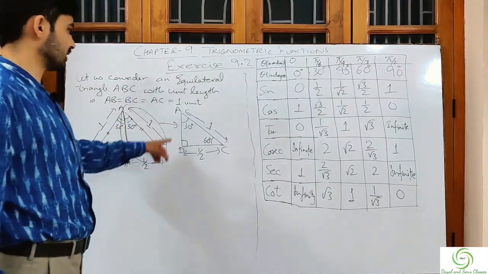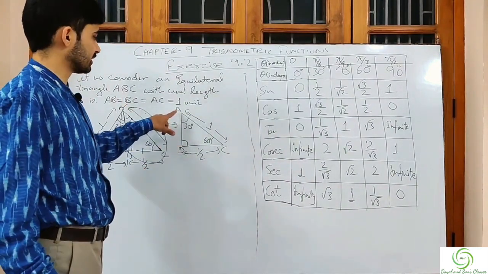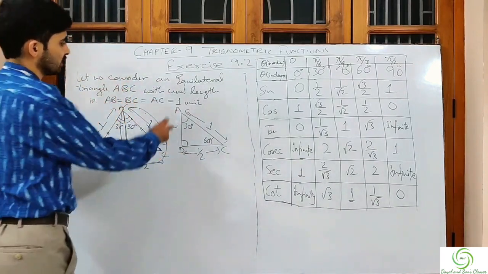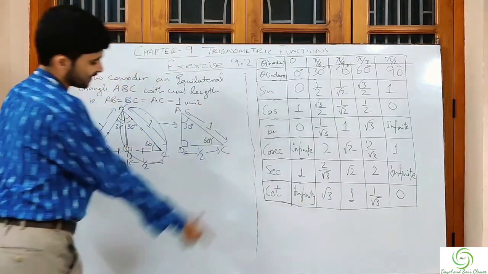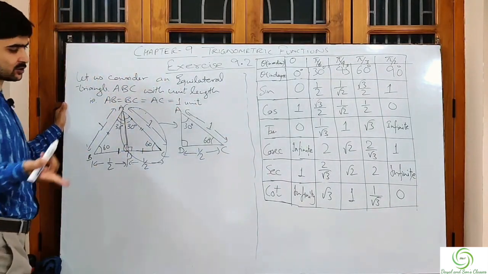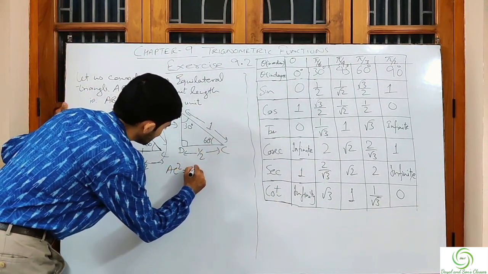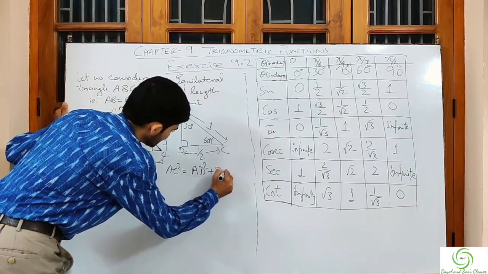So it becomes clear. Now what we need is to find out the value of AD. If we know the value of AD, then we can find out the ratios. Now this is a right angle triangle, so we can apply Pythagoras theorem. By Pythagoras theorem, AC square will be equal to AD square plus DC square.